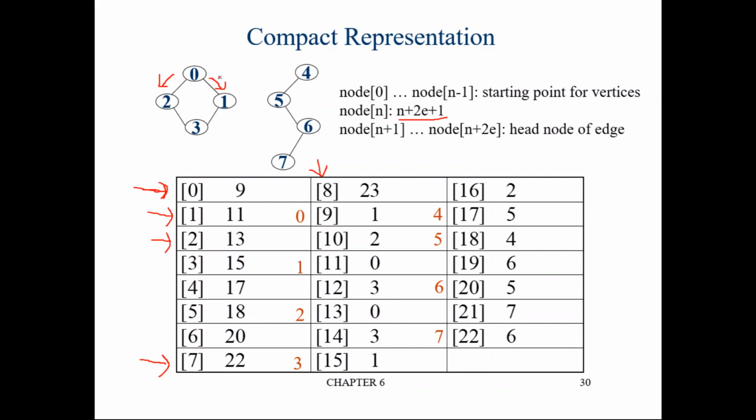Vertex 0 is having an edge to 1 and also an edge to 2. So first we will enter 1, then you can enter 2. Otherwise you can enter in the reverse way also, 2 and 1. Right?